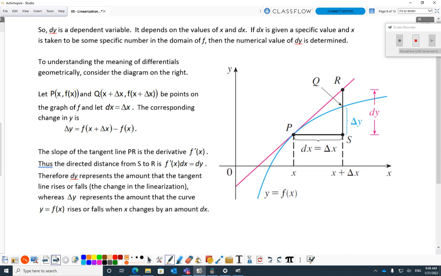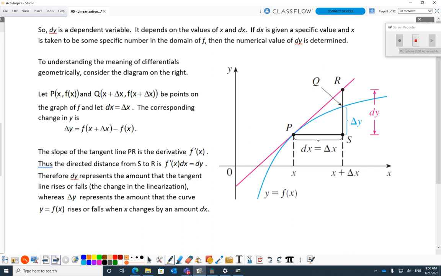For the meaning of the differentials geometrically, consider the diagram on the right. We've got some point, x comma f of x, right there, and some other point that's moved over delta x. So this point up here, Q, is x plus delta x, and this y point is y plus delta y. Those are just using the deltas to do the same thing.